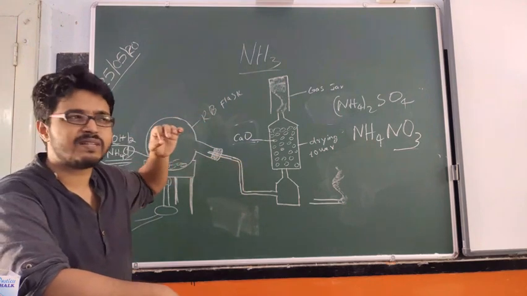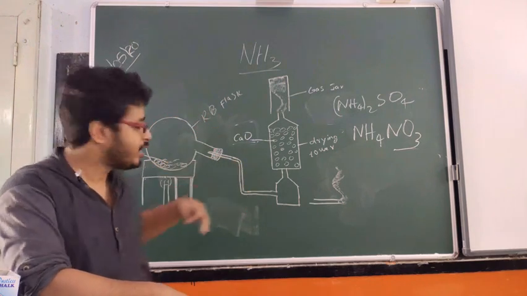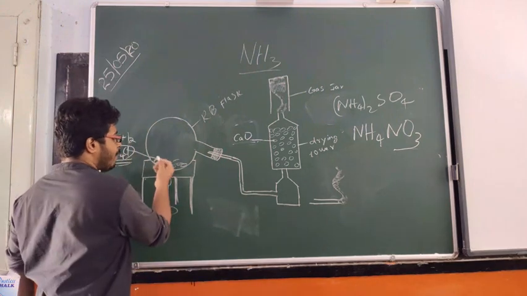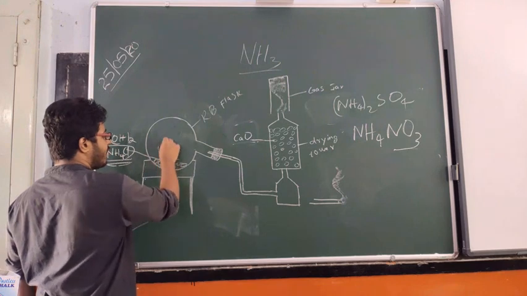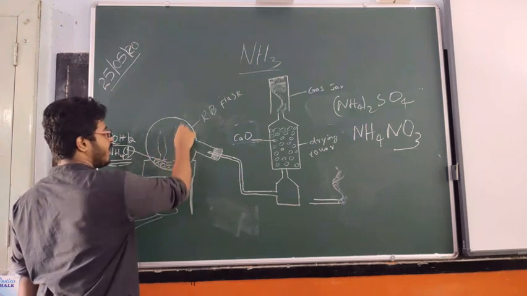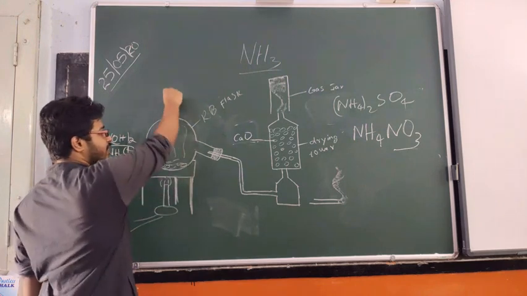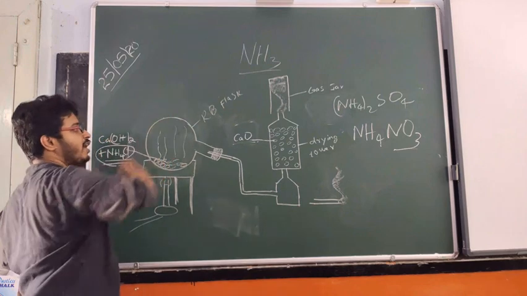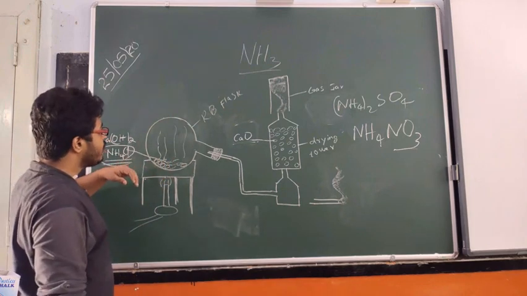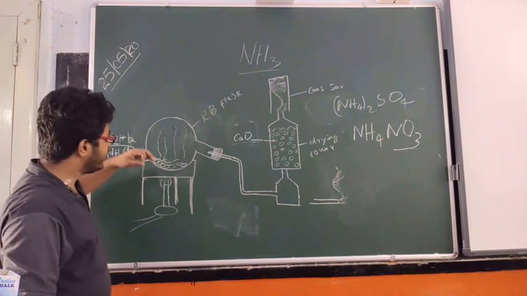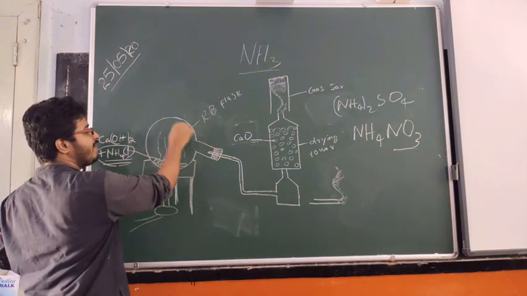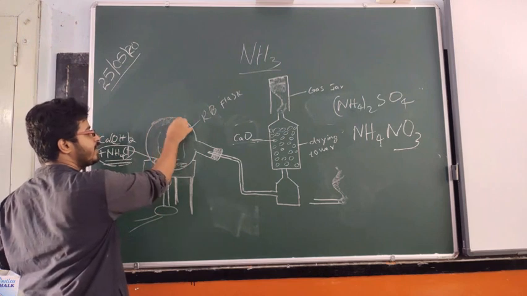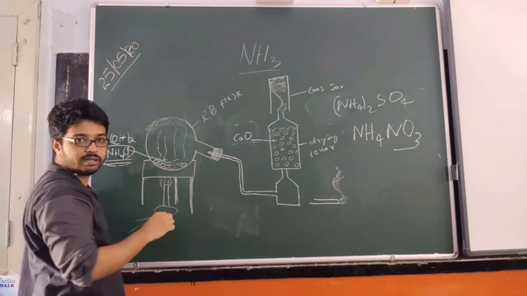So how is this avoided? When the ammonium chloride is heated, it will sublime and rise up to the top portion of the RB flask. Reaching the top, it will start to condense, and you can see a white layer here.